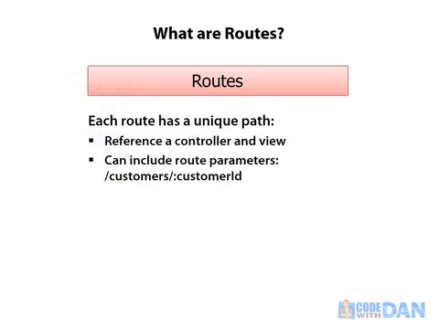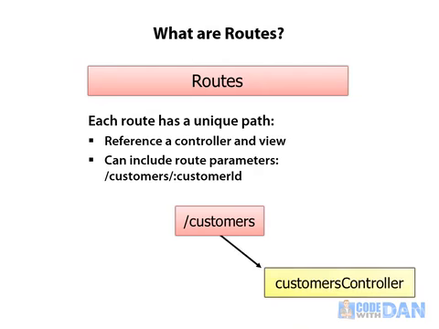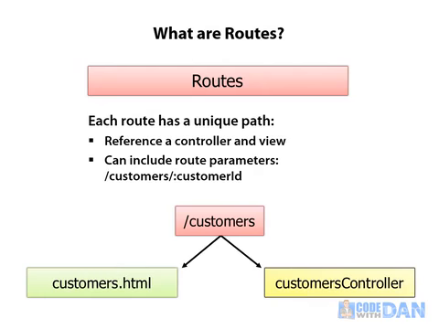We also have routes as mentioned, and a route is just a path that defines which view and which controller to load. So for instance, we might have a path of /customers for a route, and that might trigger the customer's controller to load, get its data, assign it to the scope, and then the customers.html would be the view that actually renders that data using directives and filters and some of these other pieces.